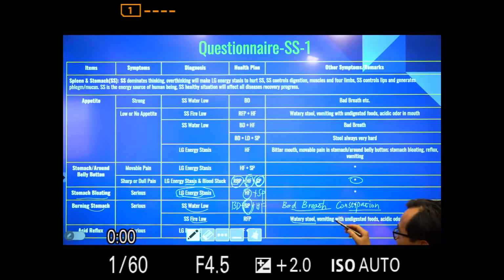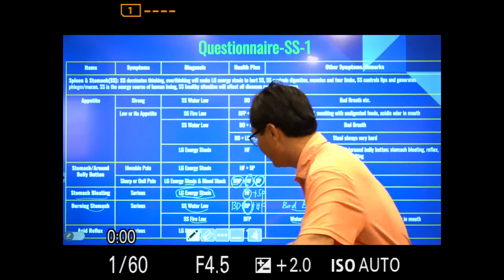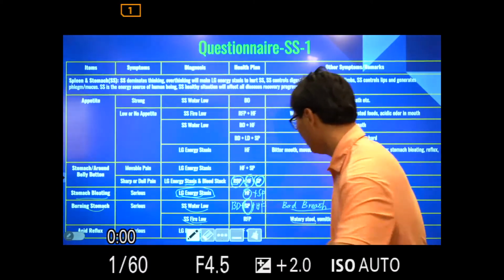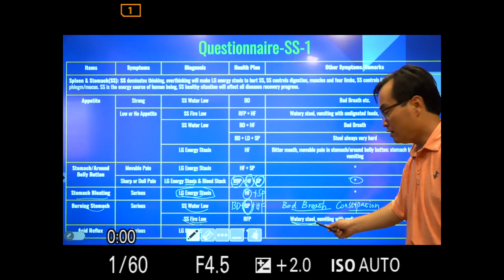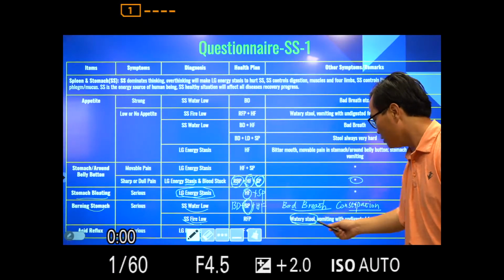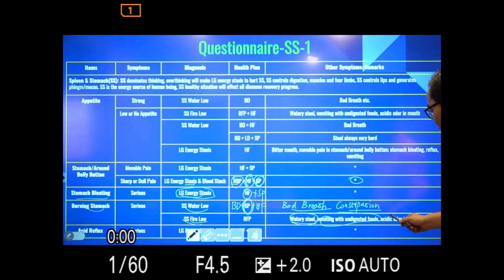And if the people have a serious burning stomach from SS fire energy low, generally the people will have water restore, vomiting with undigested foods, or acidic odor in the mouth. What is acidic odor?